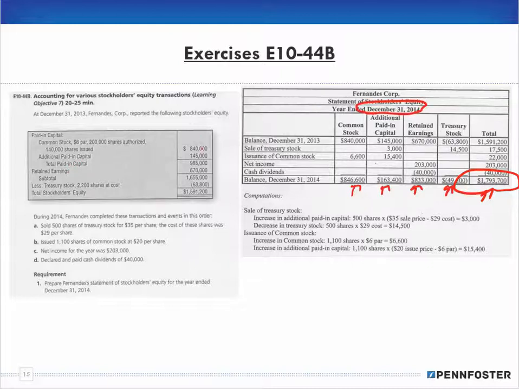Well, instead of 840,000 in the common stock, I'd have 846,600, instead of 145,000 for the paid in capital, I have 163,400. So all I'm doing is replacing those numbers and creating the new equity section of the balance sheet. But this here ends up being the detail of what happened for that accounting period.